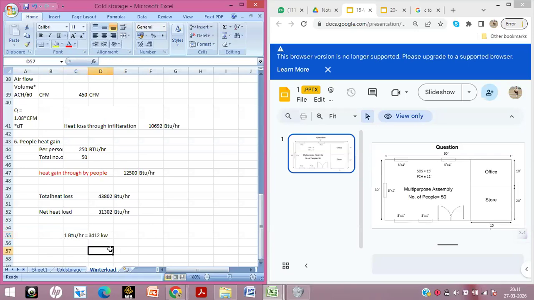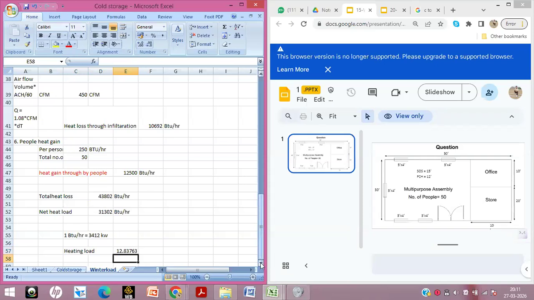So the heating load, this much amount of heat is required. Now we'll calculate the heating load, which equals this much load divided by 3412.